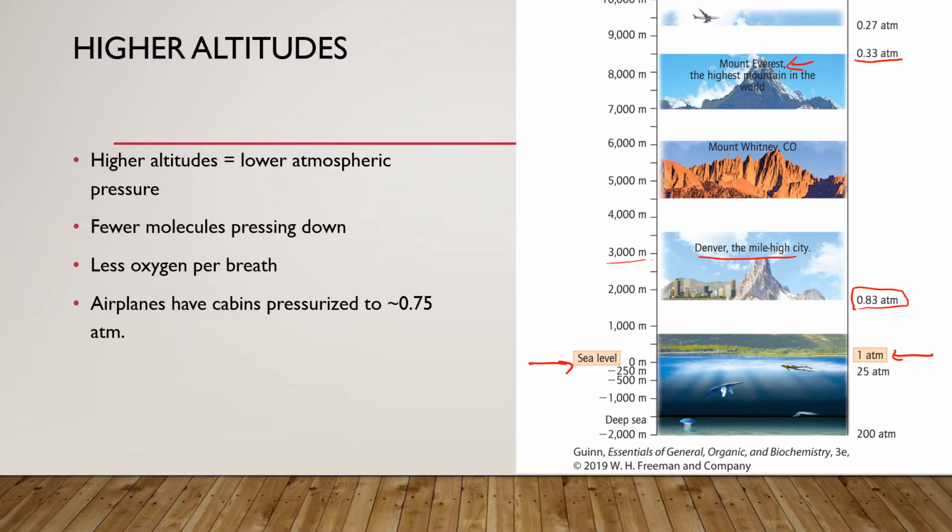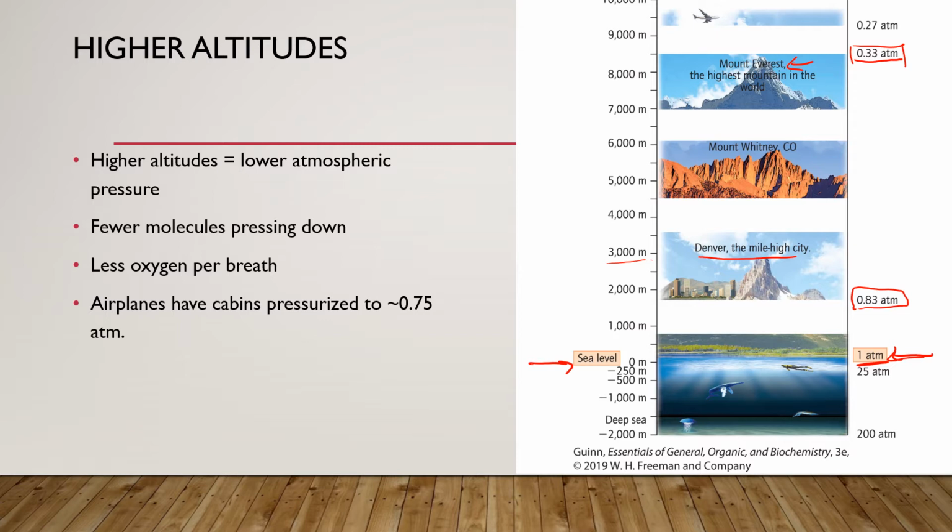So in other words, there's only 1/3 of the air present as compared to sea level, because sea level is 1 atmosphere, and the top of Mount Everest is 0.33. As we go up, the density of air decreases, the atmospheric pressure decreases, which means there's less air available. Less air available means less oxygen available.